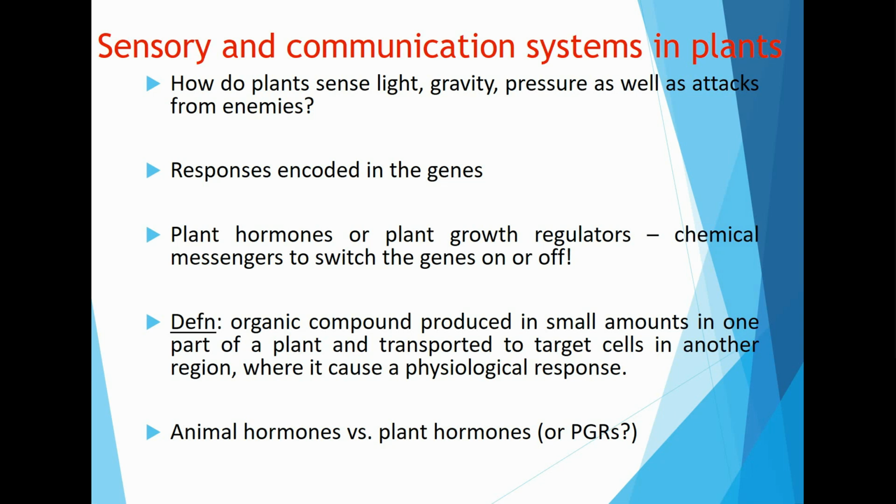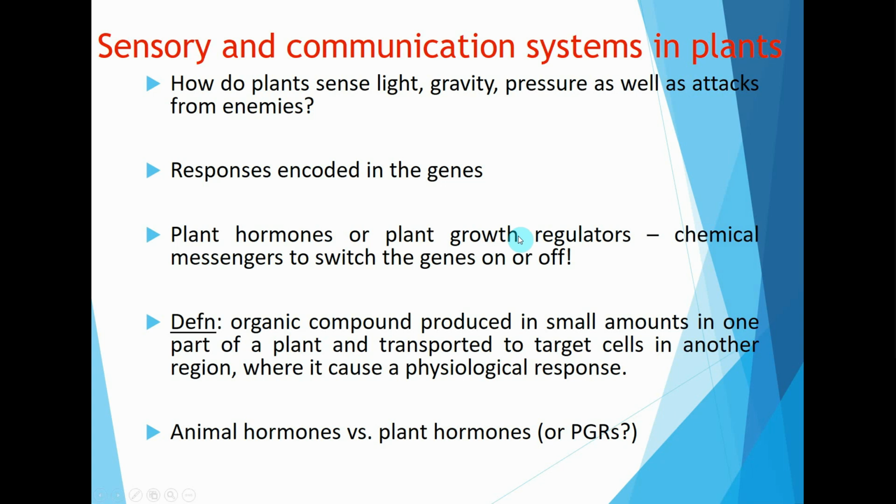So you have this idea that something is going to stimulate, and then the plant's going to respond, and it's going to respond because hormones are going to be released. Something stimulates, hormones are released based on what the stimulation was. Those hormones then go to the genes, and they're going to switch the genes on or off.